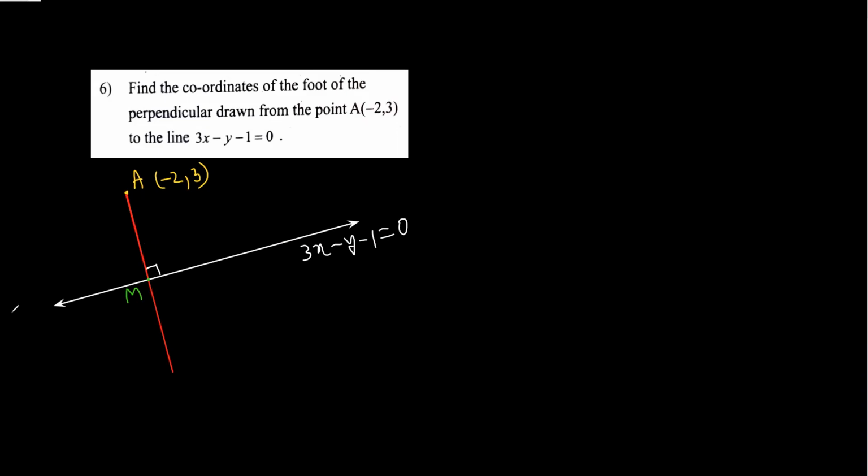Which two lines? The line which is given, this one, and this line, which is perpendicular. What is M? M is point of intersection of two lines.